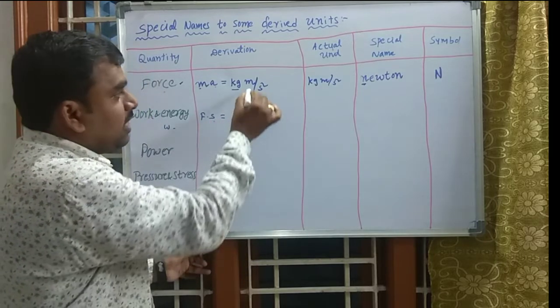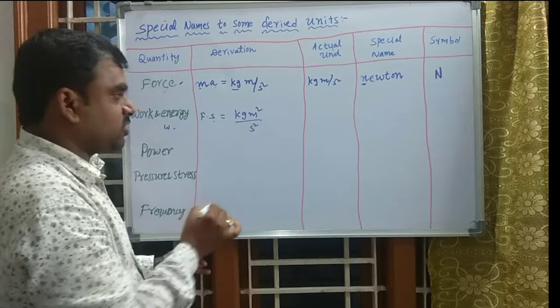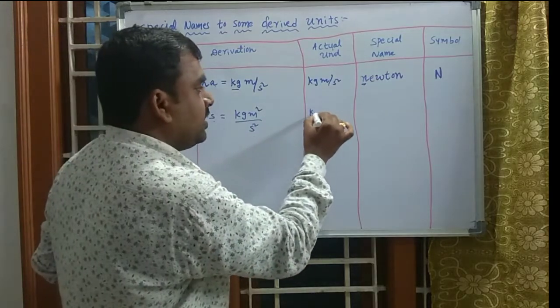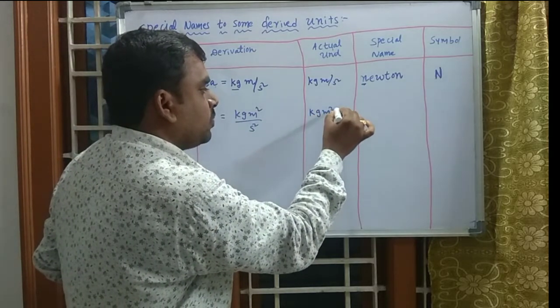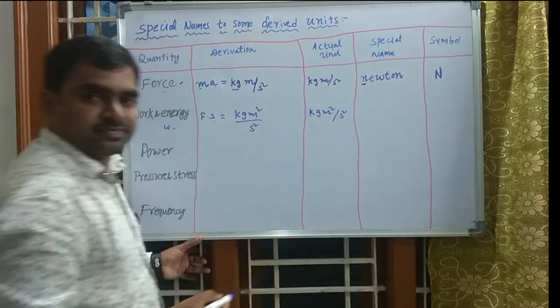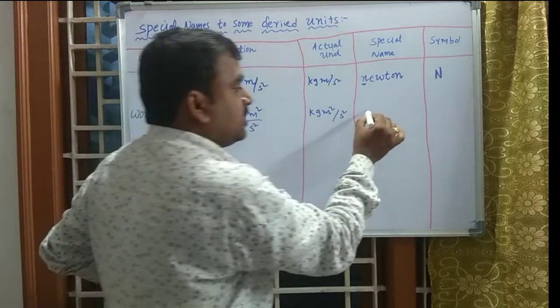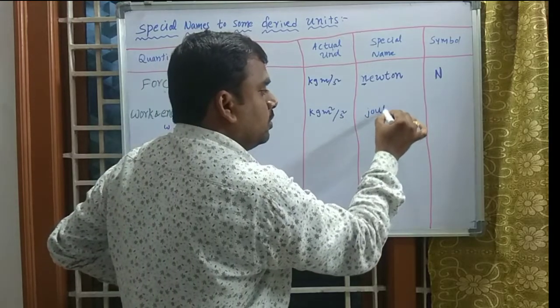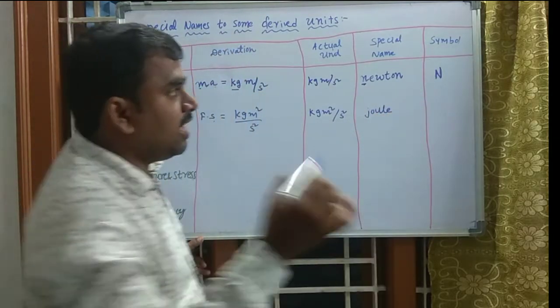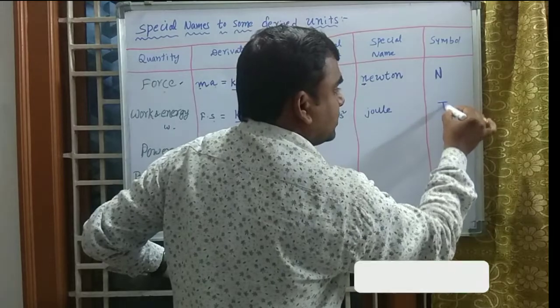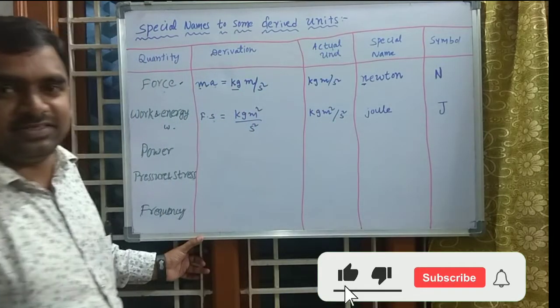Meter into meter gives meter square, so we can write kg meter square per second square. We won't call it that; we call it joule, and as a symbol we represent it with capital J.